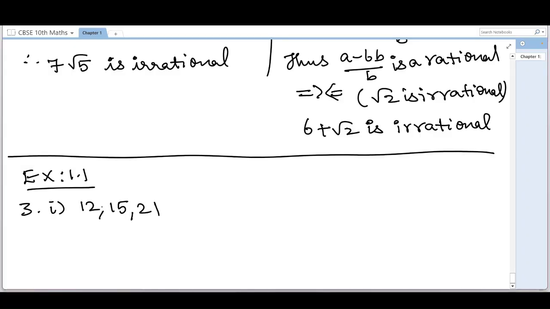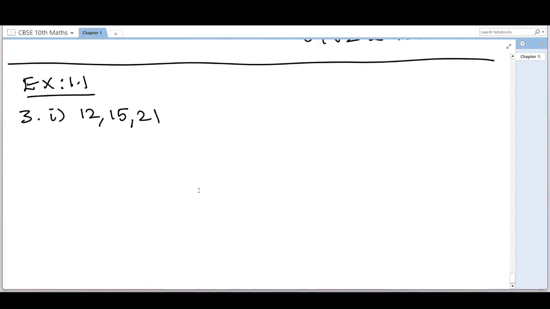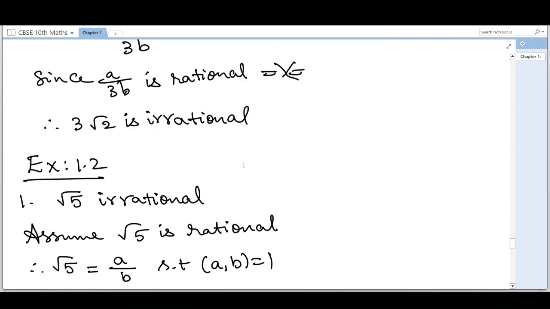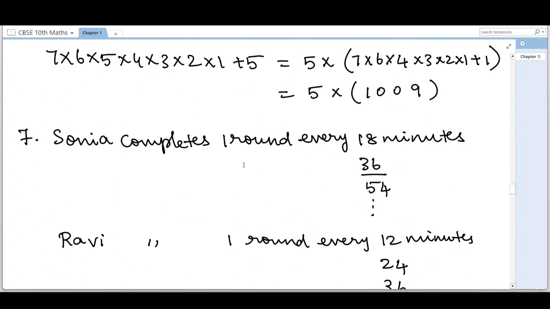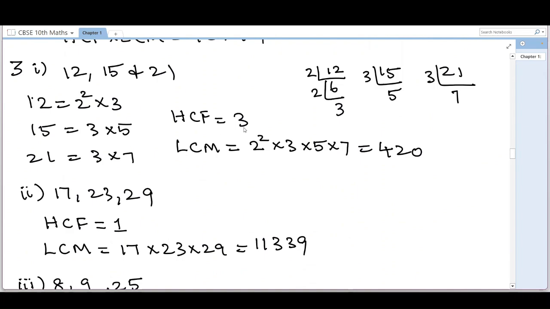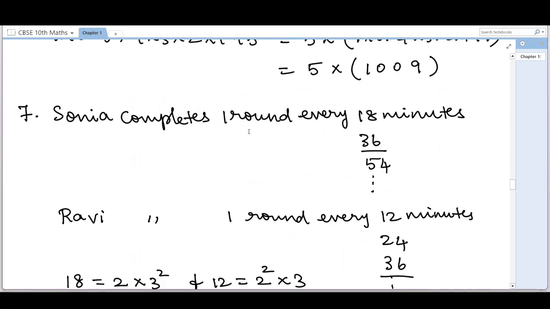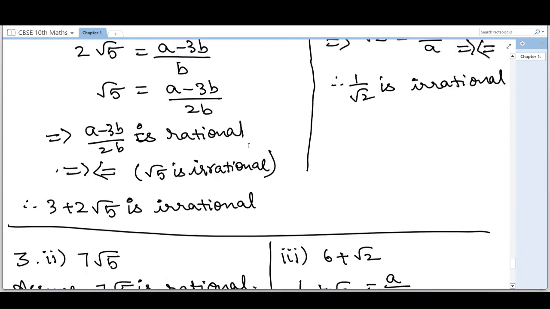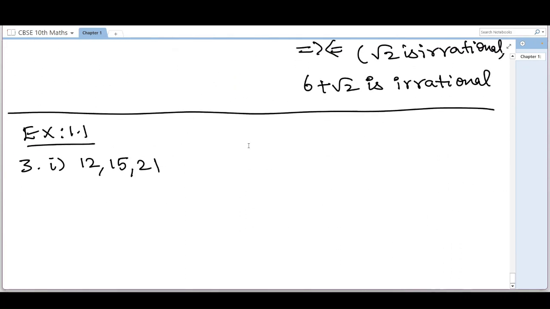Already we have determined the factors of the three numbers, and we have also determined the HCF of the three numbers. So we have determined the HCF to be 3. I am going to apply that here.